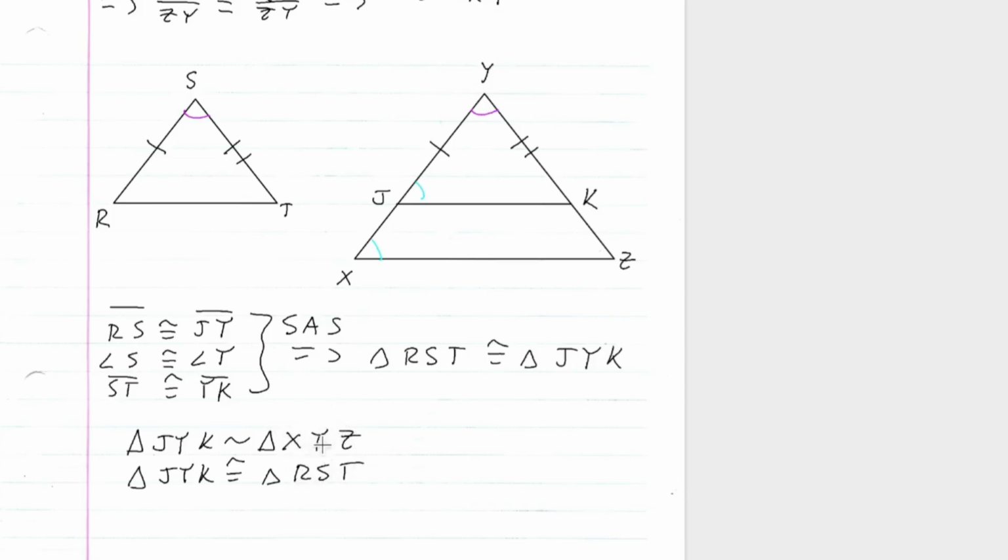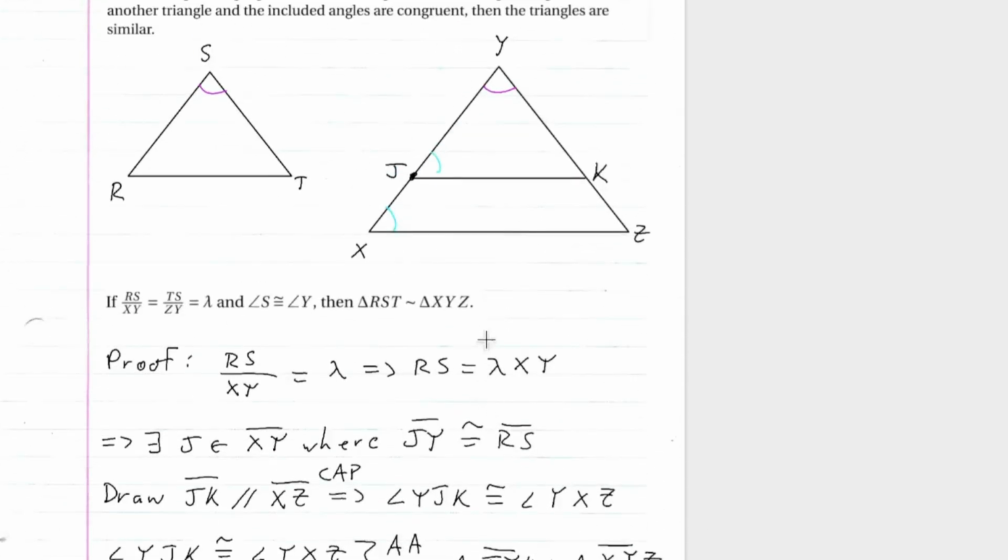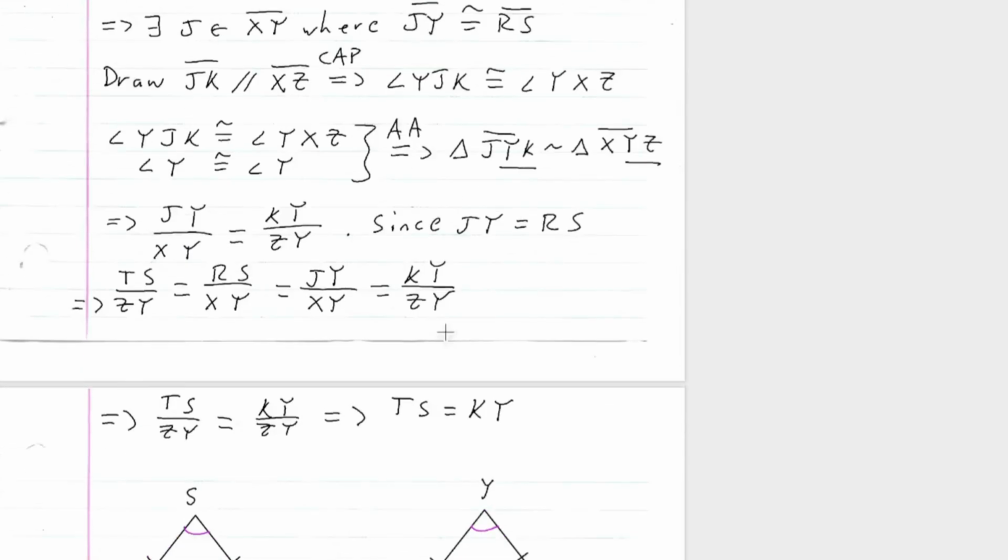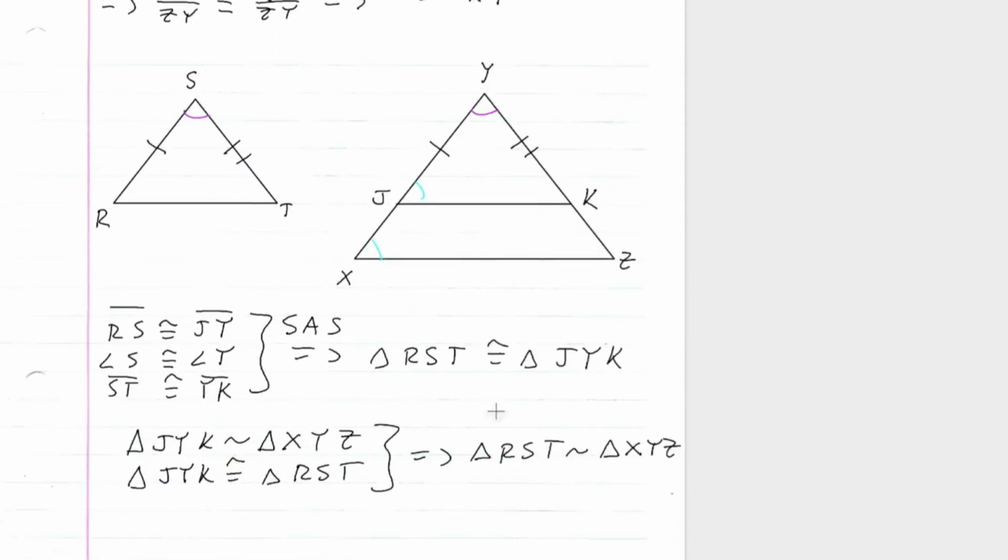So if XYZ is similar to JYK and JYK is the same as RST, this implies that triangle RST must be similar to triangle XYZ. And that's exactly what we wanted to prove. And that is the proof of the side-angle-side similarity theorem.